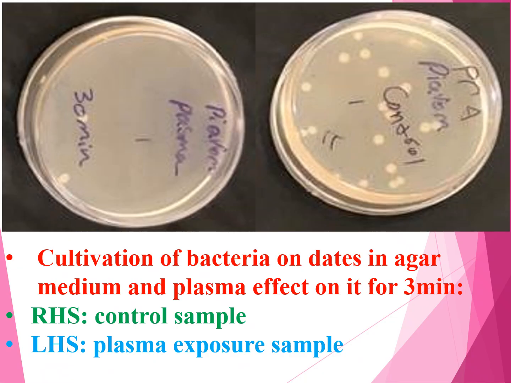We have also done the cultivation of bacteria on dates in agar medium, and you can see the plasma effects on them for 3 minutes. The right hand side is the control sample, and you can see the bacteria colonies, but on the left hand side the bacteria colonies are very low.